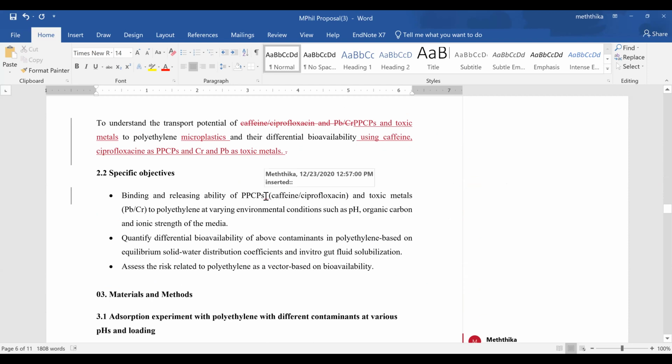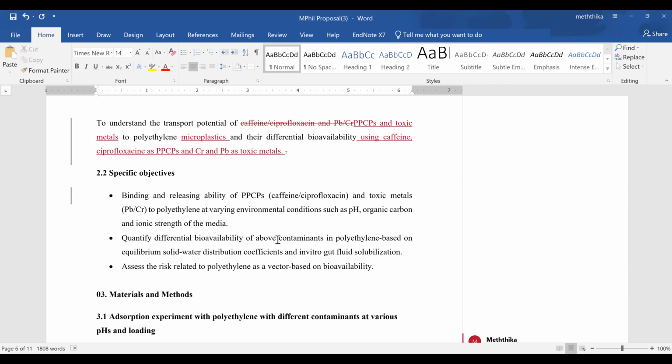Keep in mind, specifically if you are going for a postgraduate research proposal, do not go beyond 3 objectives, right? Because it is hard for you to achieve more than 3 objectives within the stipulated time period.